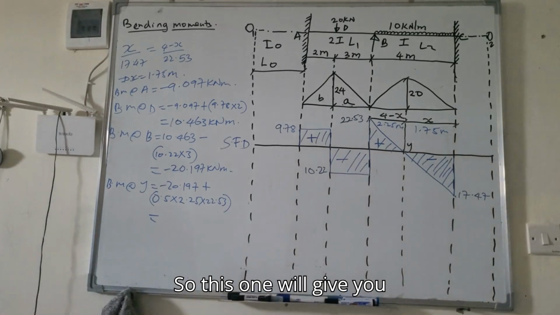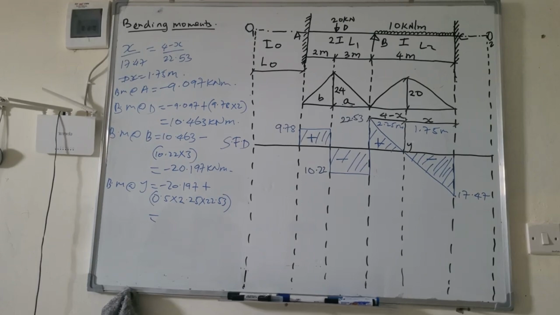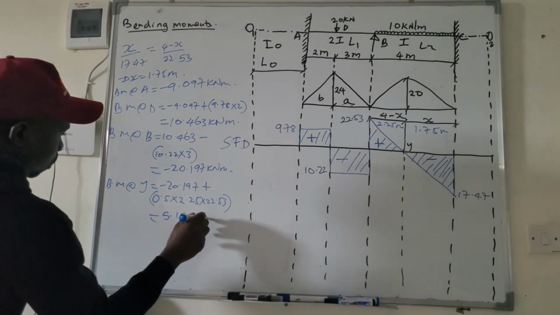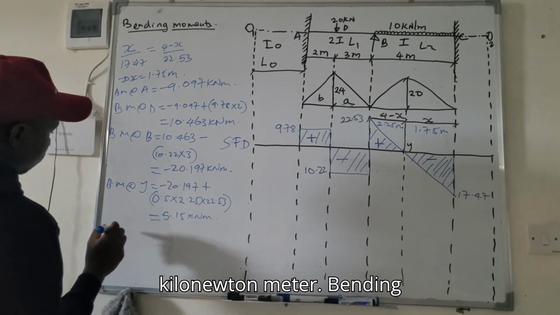This one will give you 5.15 kilonewton meters.